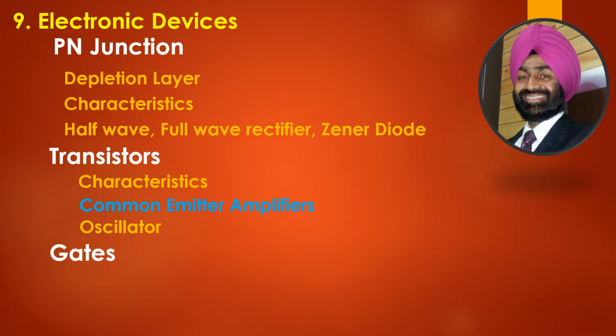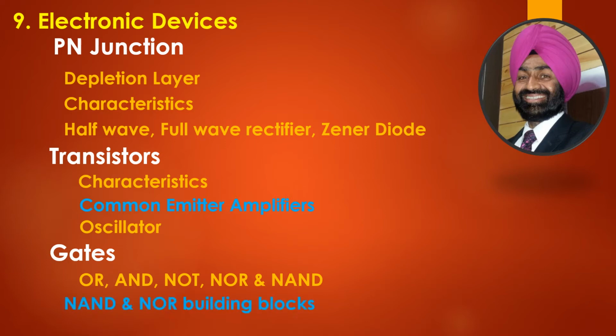You must know the logic, circuit symbol, and corresponding truth table for all the 5 gates: OR, AND, NOT, NOR, and NAND. Further, you must be able to combine only NAND gates or only NOR gates to get any of the basic gates. That is why NAND and NOR gates are called building blocks.